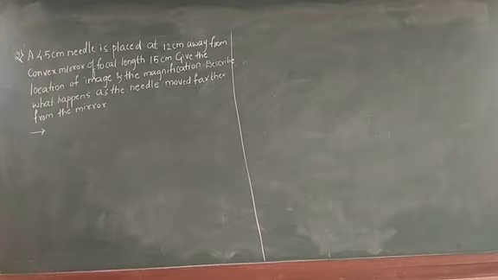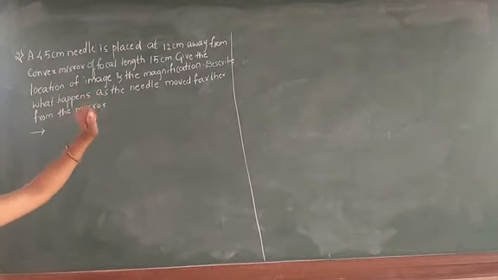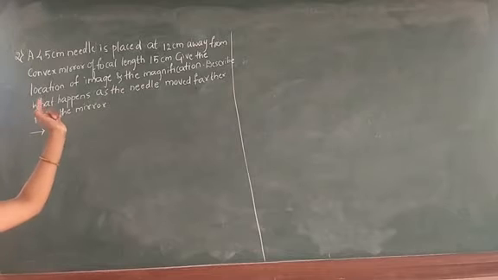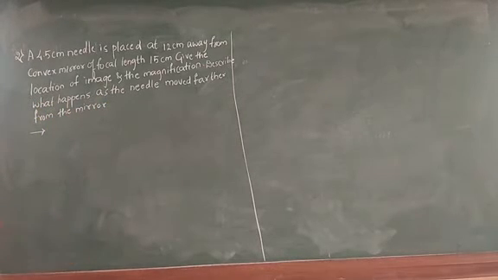Here in this question, they have placed the needle at 12 centimeter away from the convex mirror of focal length 15 centimeter. We have to study what will happen when the needle is moved away from the mirror.